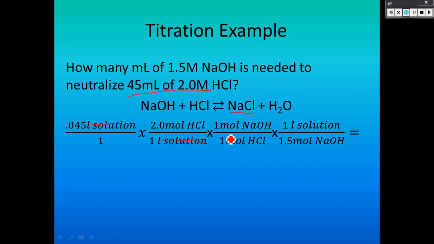Some of you are going to say, oh, I don't need that because it's 1-to-1, but put it in because on the last problem you did need it. So this is my changing moles to moles. And then I know I've got a 1.5 molar solution, so it's moles of NaOH to liters of solution. And so that's going to give me my liters of NaOH solution. That ends up being 0.060 liters of NaOH solution, or 60 milliliters of NaOH.